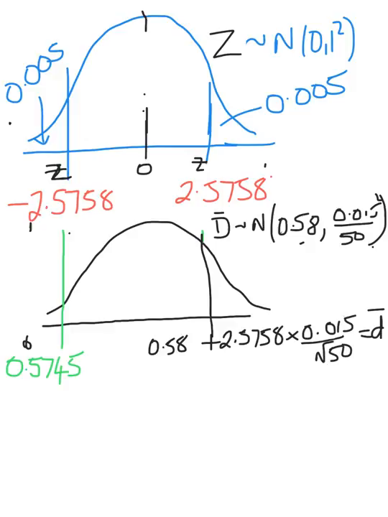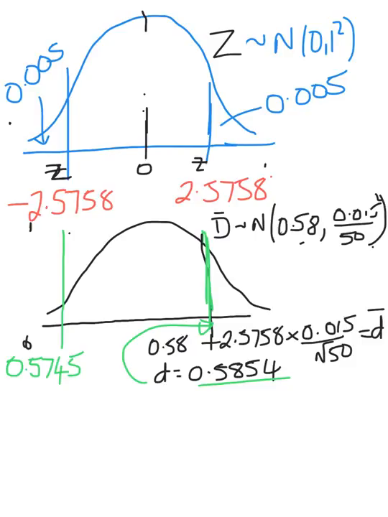So when I work that out, I get D equals 0.5854, which gives me this value here.